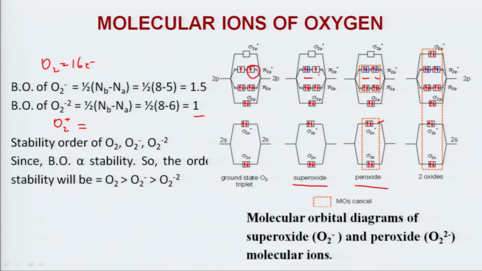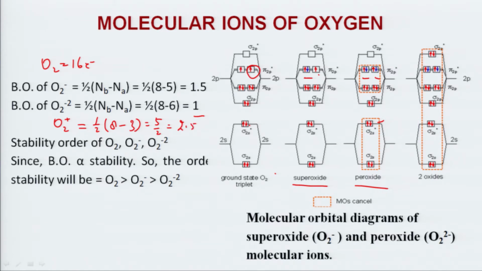So, the anti-bonding will have 1 less. To find the bond order of O2 plus, the number of bonding electrons is 2 plus 2 is 4, 4 and 4 is 8, minus the anti-bonding electrons, which become 2 and 1, 3. This is 5 upon 2 and the bond order will be 2.5.